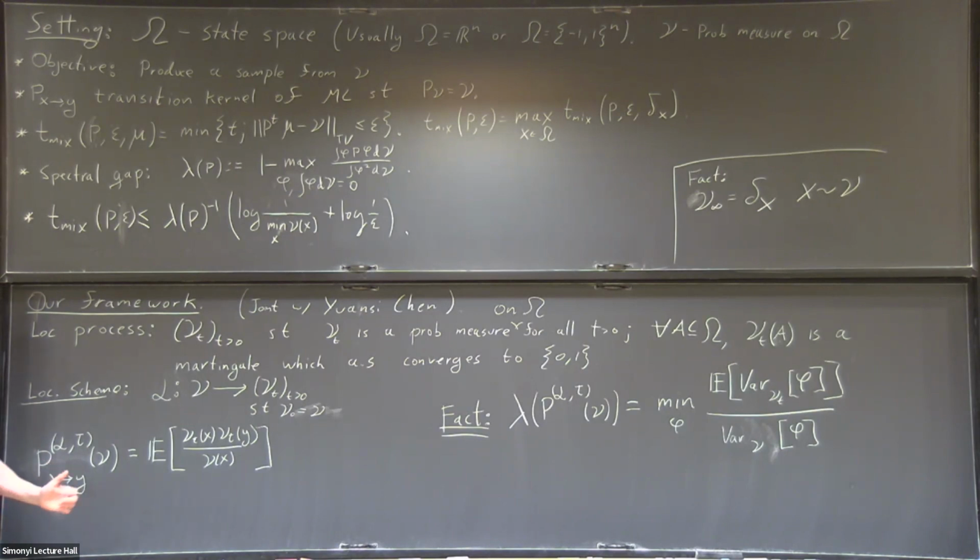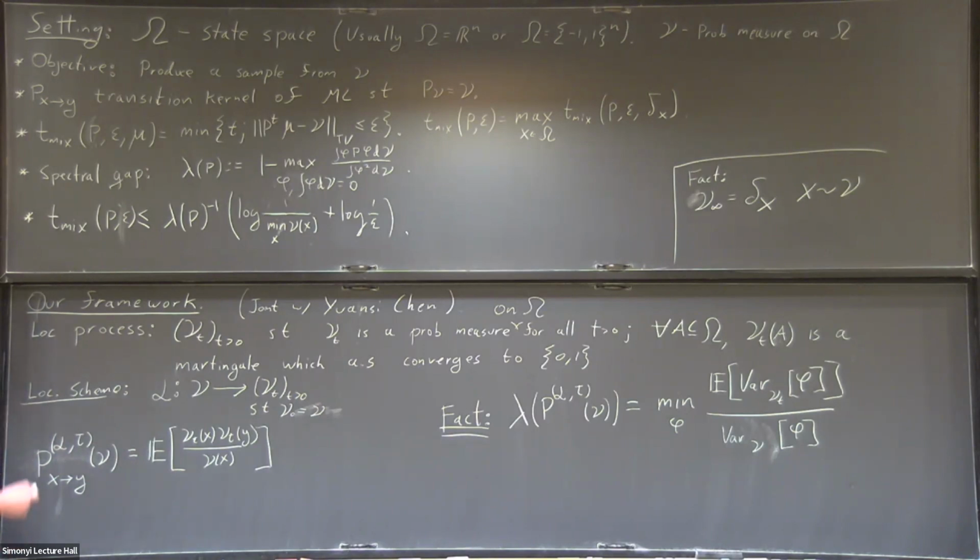Okay. Good. And then what we saw is that there seems to be a very natural way to associate a localization scheme with a sampling algorithm or with a Markov chain via this very simple formula.